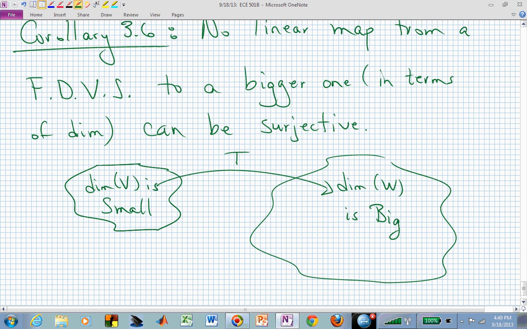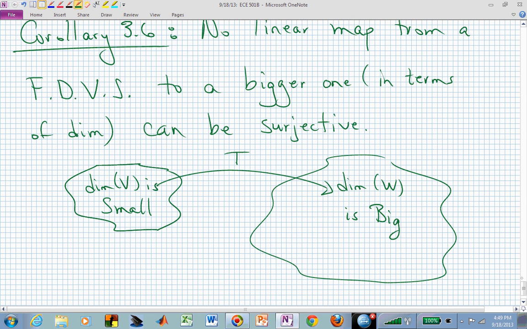Sort of saying you have a small volume, you can't fill this large volume from the small volume. So you can't cover, you can't go onto that entire space. That's what this one is saying. And that one may be easier to see than the other one, potentially.